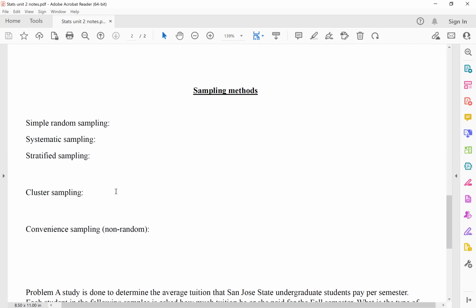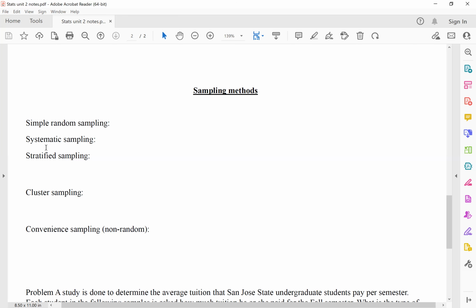So I separate them into little subgroups. But then I'm going to choose 10 people from a class, and then 10 more people from another class. Let's say I choose 10 freshmen and 10 seniors. I did not include my sophomores and my juniors. I just chose from different subgroups.